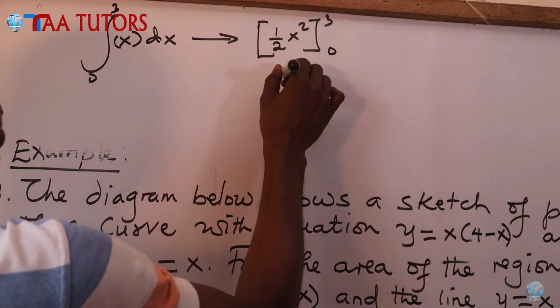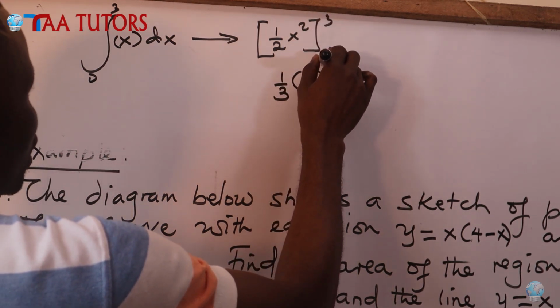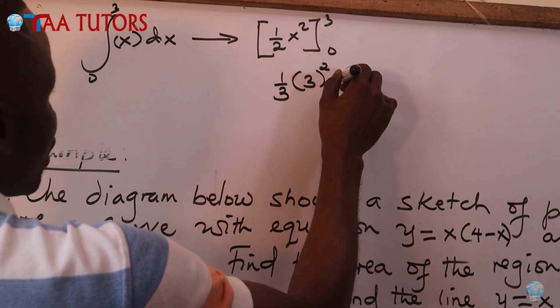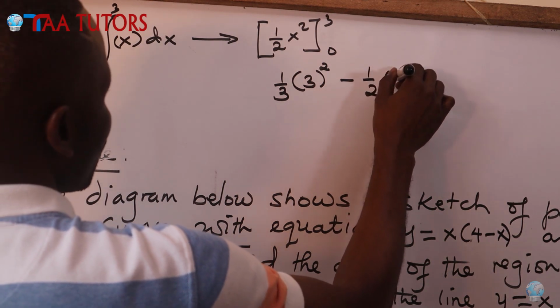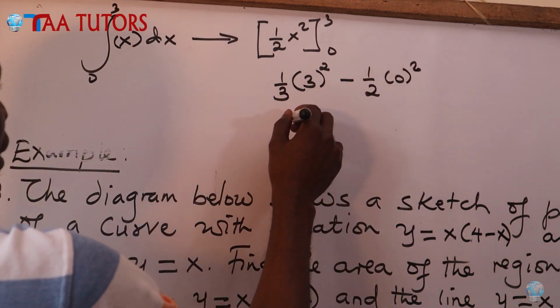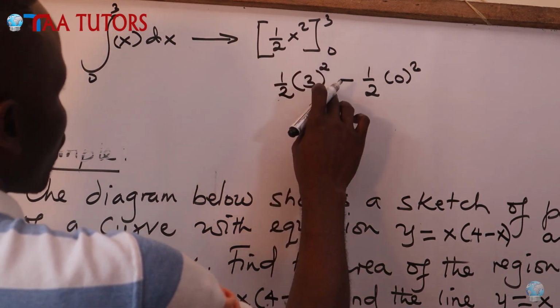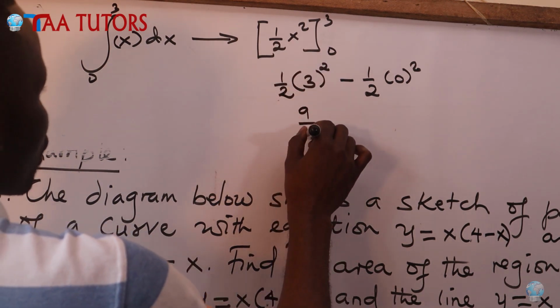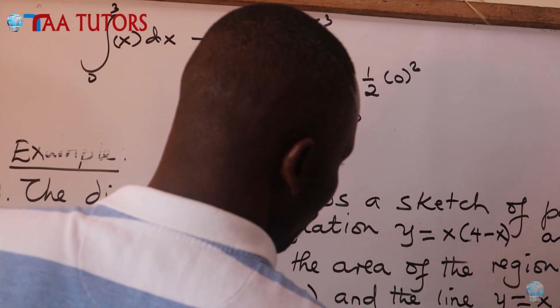So this will be a half into 3 squared minus a half into 0 squared. A half, sorry, this is a half also. So if you do this, this is 9 over 2 minus 0. 9 over 2 should give us 4.5.